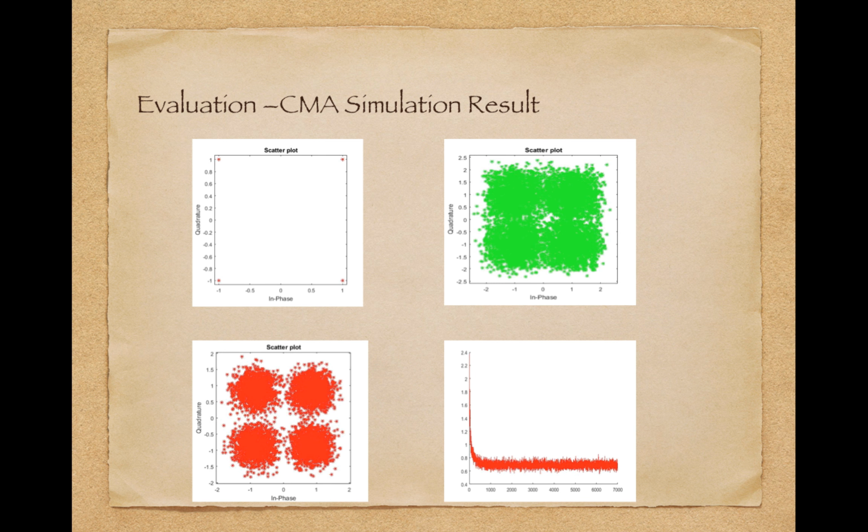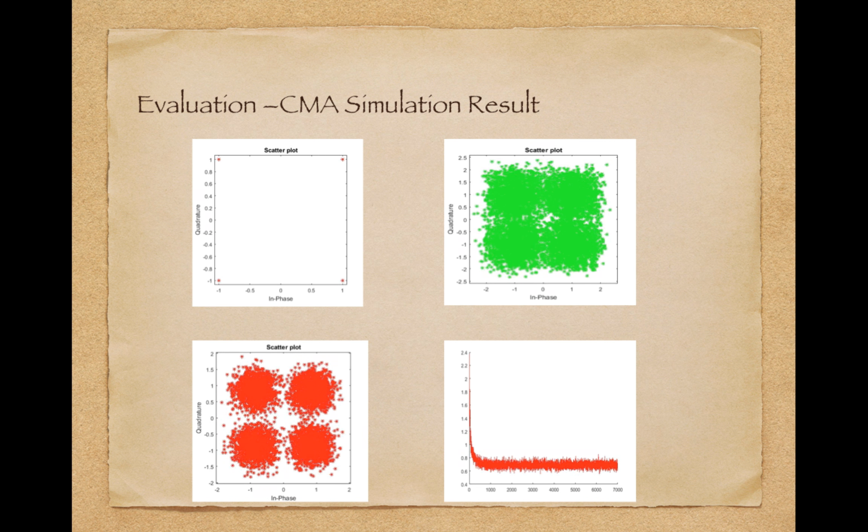The third picture, in red, is the output signal after the CMA adaptive equalizer, and the last picture is the convergence speed of the CMA adaptive equalizer.